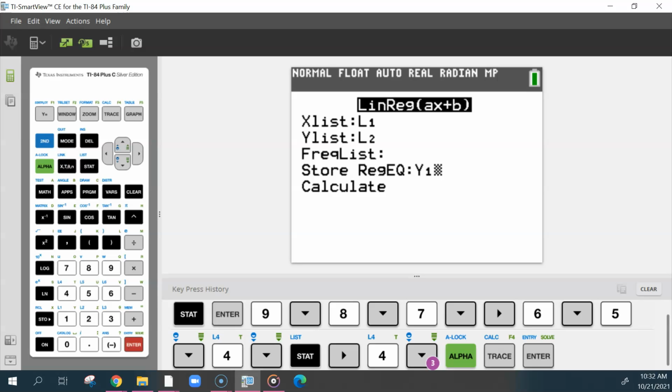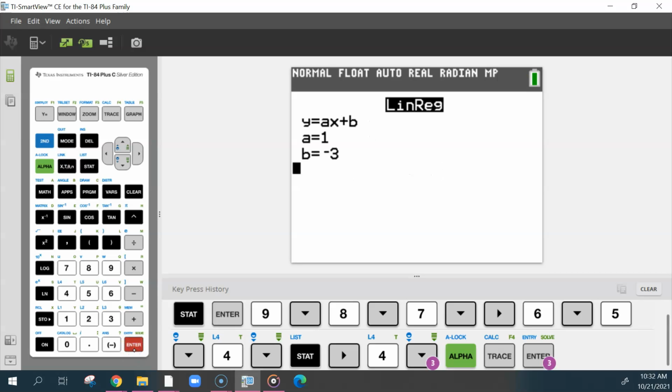And then enter 2 more times. Whatever you get here would be your slope and your intercept. Use that, write that in your equation.